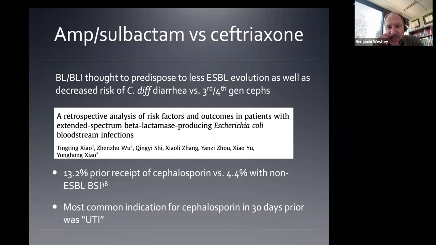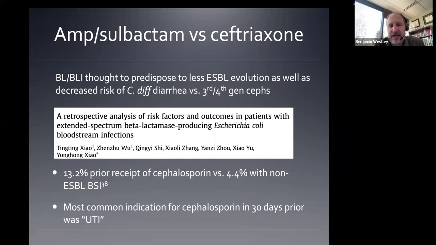And then there are many studies suggesting that third and fourth generation cephalosporins are the largest risk factor for developing ESBL infections in the hospital. This is just one study from China from a couple of years ago, but it's an example where 13% of the patients with ESBL bloodstream infection had received cephalosporins in the 30 days prior, whereas only 4% of those that had a non-ESBL E. coli had received those drugs.